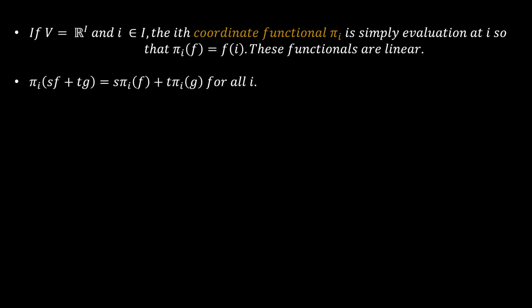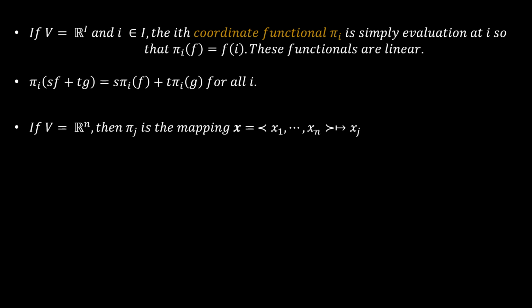So this is linear for all i's. An example that really illustrates the point is that if we have V equal to the vector space corresponding to n-tuples, then pi j is the mapping of this vector x, consisting of these n-tuples, that extracts the xj term.